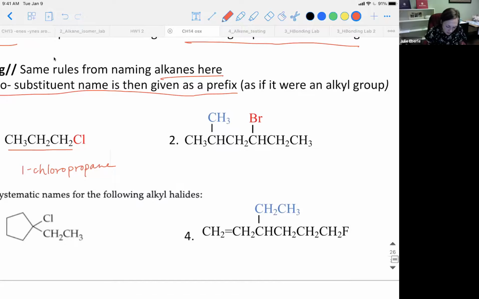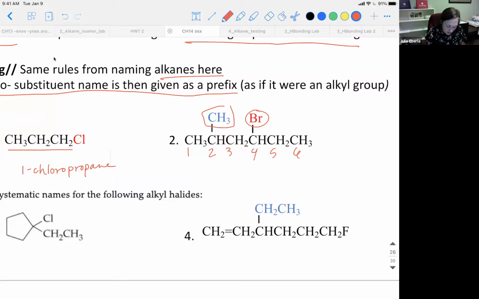Number 2, we got this bromine atom here. This is an alkyl halide, so this will be carbon. We got to start numbering near the end of the first branch point. So this is actually carbon 1, 2, 3, 4, 5, 6, because our first branch point that way is on carbon 2.